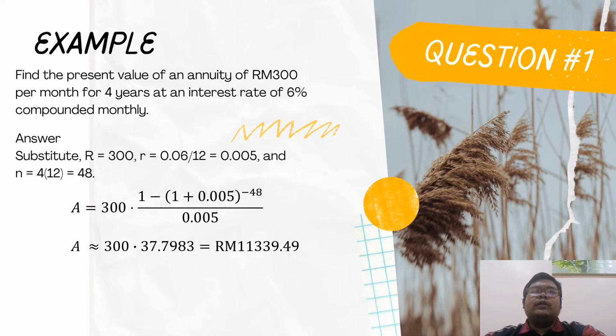So the answer A equals 300 times 1 minus 1 plus 0.005 to the power of negative 48, over 0.005, and we get 11,339 ringgit 49 cents.